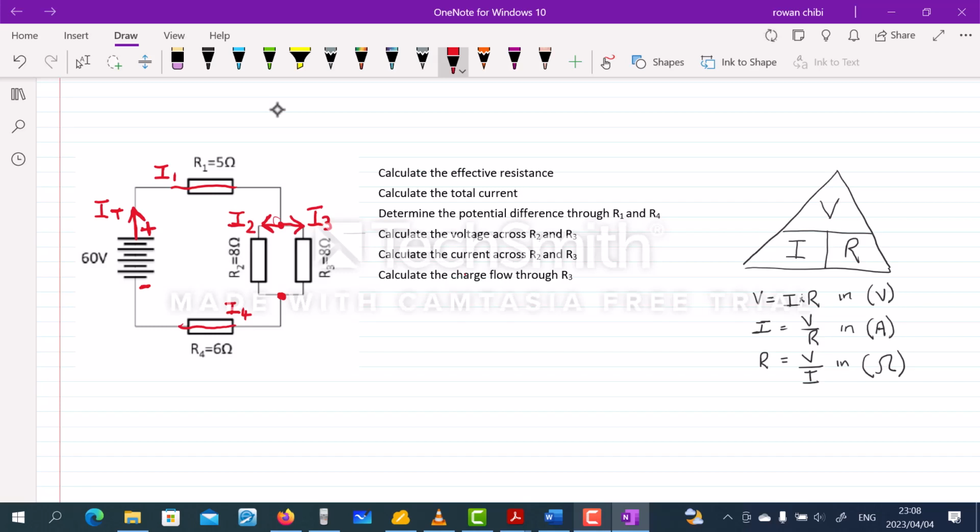When it comes to voltage now, look at here, this is a voltage. Let me just give you a simple revision here. From grade 9, we said that for series resistors, we know that current is the same.